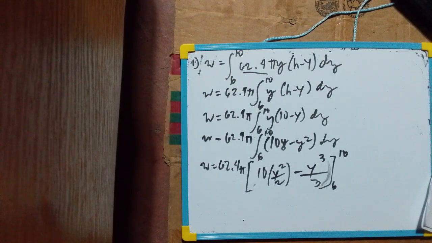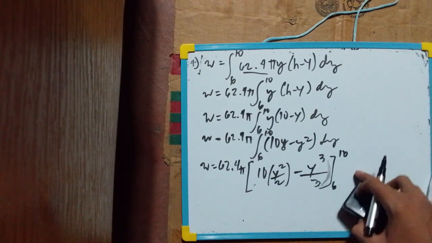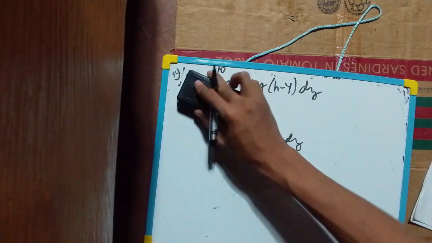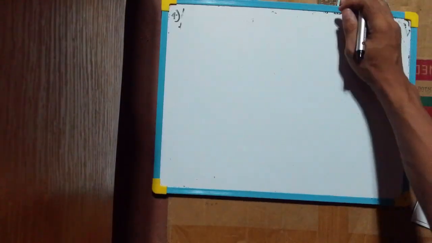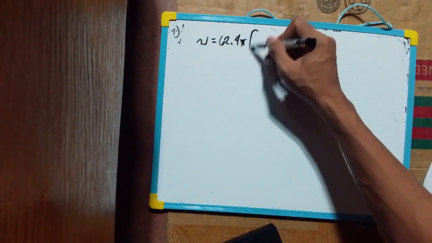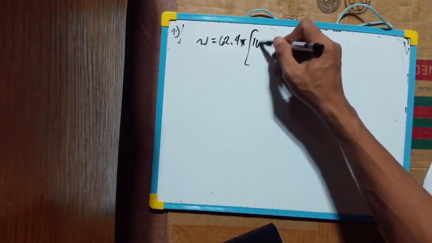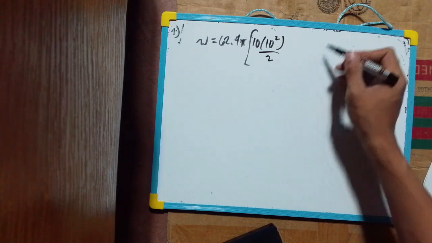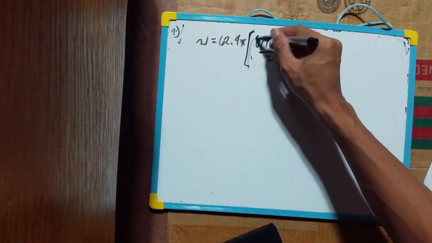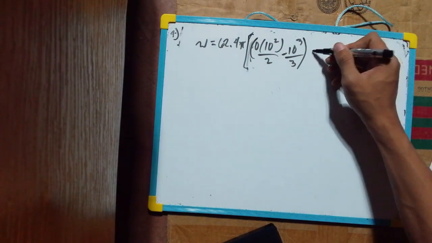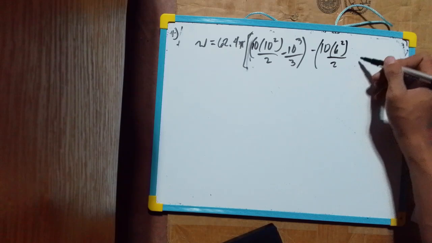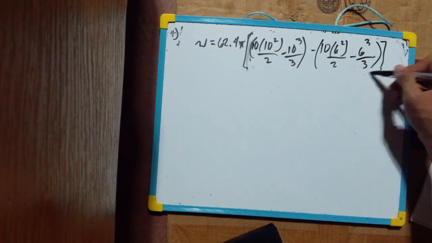Now, substituting the limits of integration, 10 and 6, work is equal to 62.4 pi times 10 times 10 squared over 2 minus 10 cubed over 3, minus 10 times 6 squared over 2 minus 6 cubed over 3.